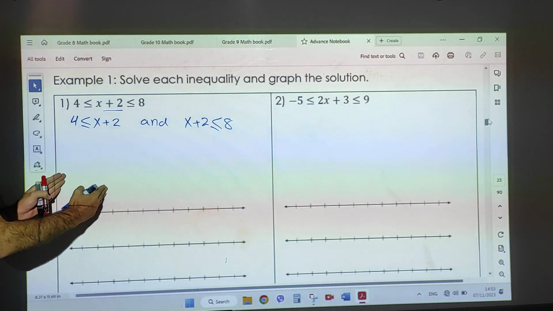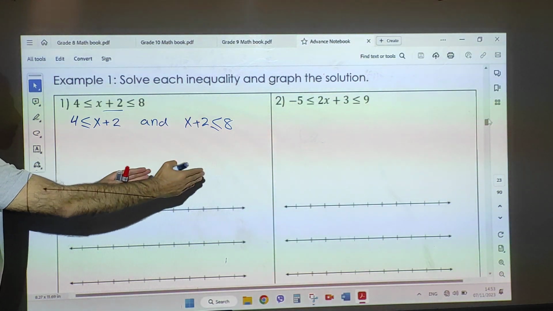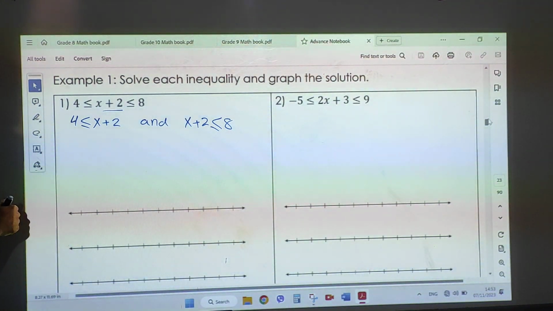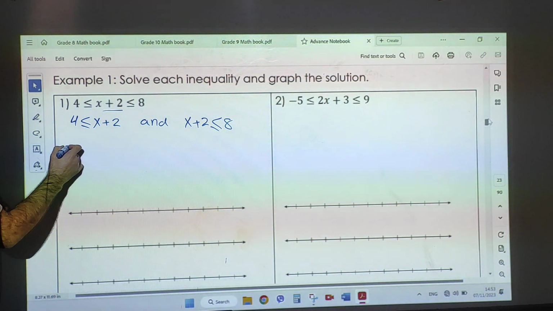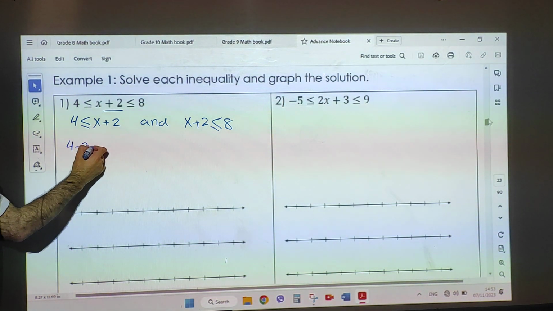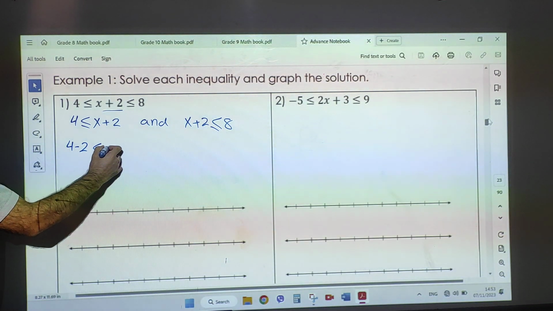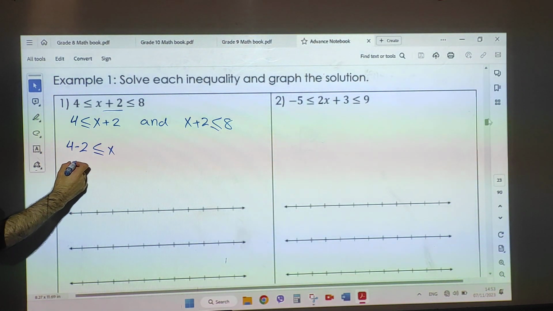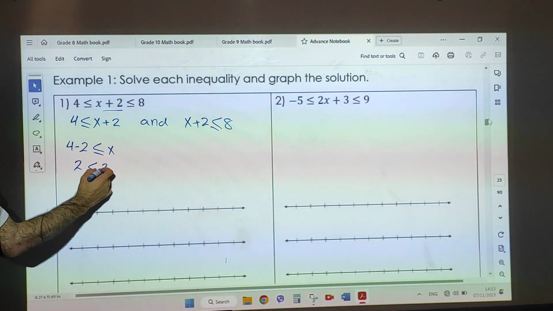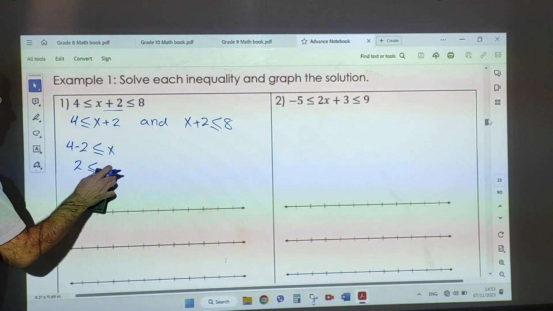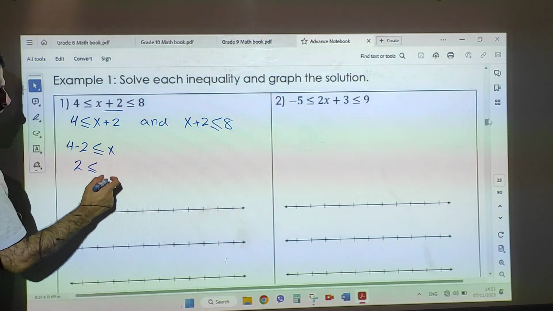Now we solve each one of them individually, and we show each on the line. It would be 4 minus 2 is less than or equal to x. 4 minus 2 is 2, so 2 is less than or equal to x.